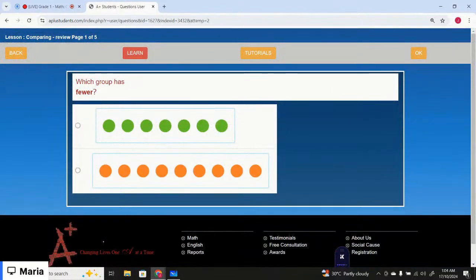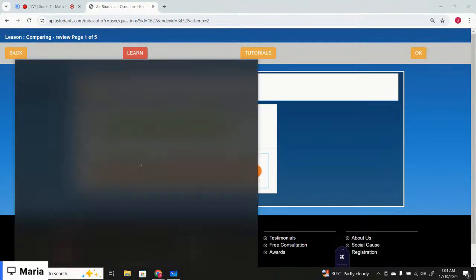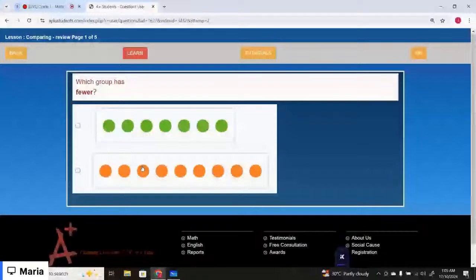Which group has fewer? More orange and fewer dots, right? The correct option is green dots are fewer than orange dots.